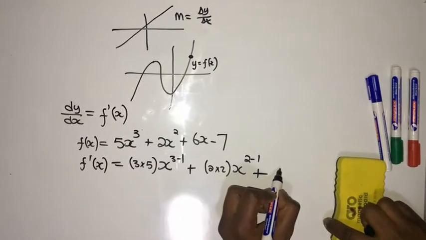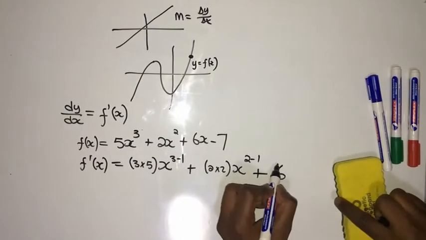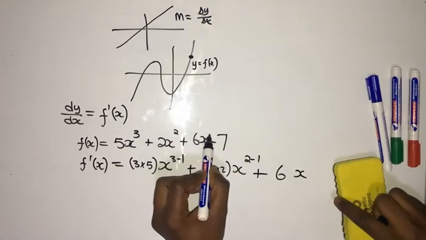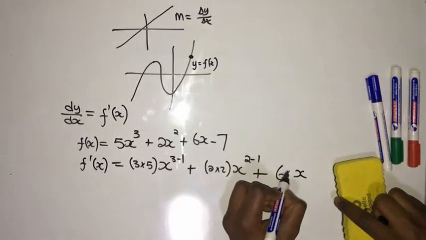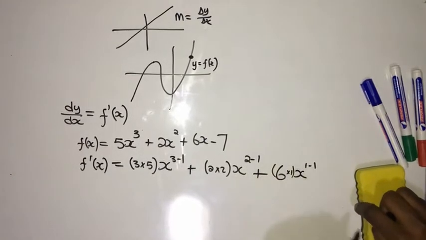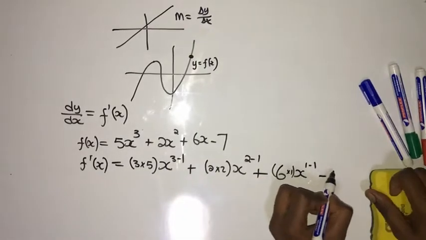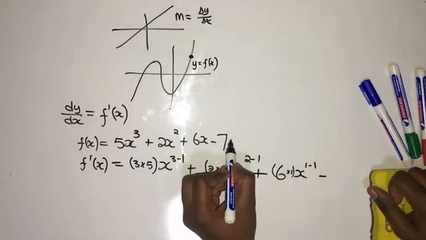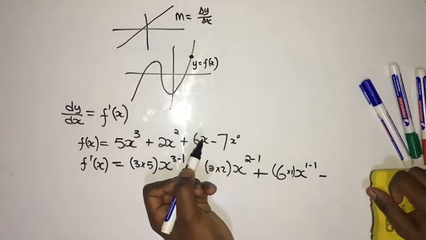Plus the next term is going to be 6. It's going to be x first, and then the exponent there is 1, so it's going to be 6 multiplied by 1, and then x to the power of 1 minus 1. And then the next one, which is important to notice here, is that basically we have x to the power of 0, because anything to the power of 0 is 1.